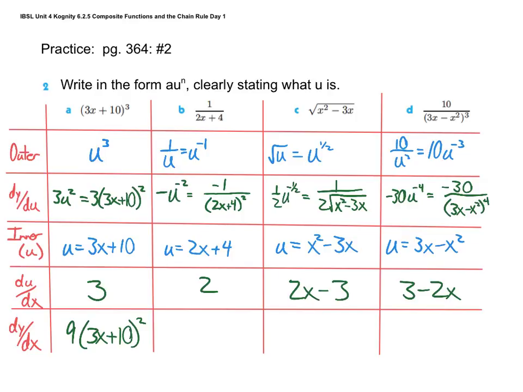So I multiply those together and I get a negative 2 over 2x plus 4 squared. Again, I multiply 2x minus 3 now by 1 over 2 times the square root of x squared minus 3x. So I'm just going to put that 2x minus 3 in the numerator over 2 times the square root of x squared minus 3x.